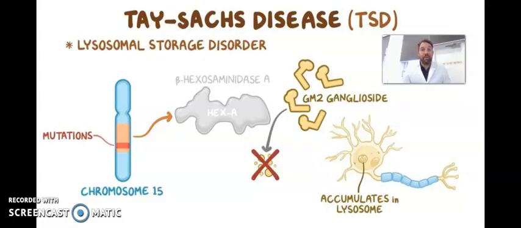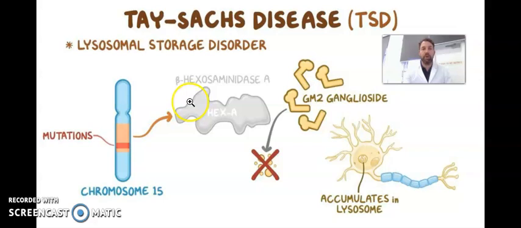Old mate at the general store is correct. It is genetic. And I'll explain how, using this image, how Tay-Sachs disease is formed. So there is a mutation on a gene. A mutation is an incorrect genetic sequence. So on chromosome number 15, this genetic sequence would result in a protein.